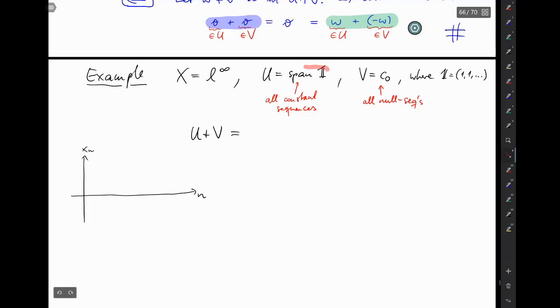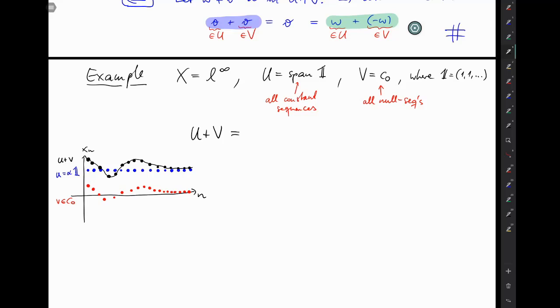So if we start with an element from U, which is a multiple of that constant 1 sequence, and a sequence little v coming from the set of all null sequences, then the sum of these two sequences will look roughly like this. So this clearly gives you a convergent sequence, and the limit is just the sum of the two limits. The blue limit was alpha, the red limit was 0, so this black sequence will converge to alpha.